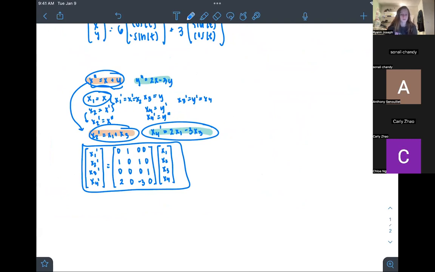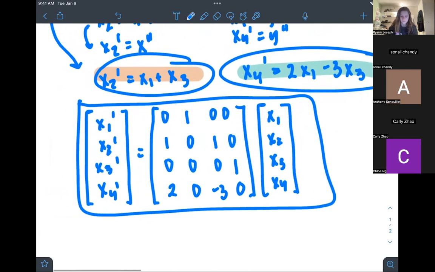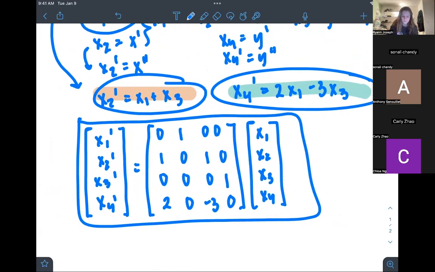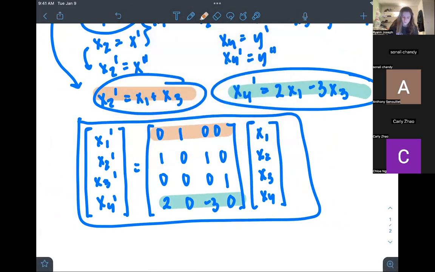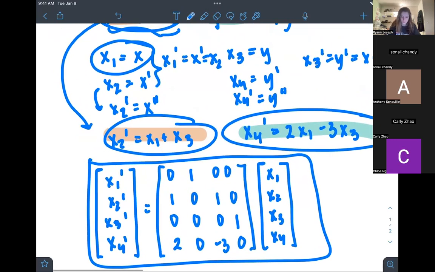How did I get rows 1 and 3? Yeah, absolutely. So row 1 is just here. Oh, rows 1 and 3. Row 1 is this relationship here.